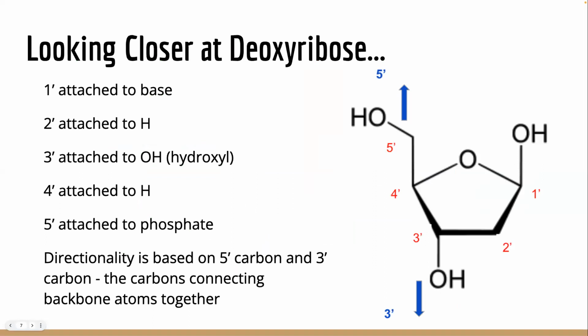And then this is just another enlarged detailed view of deoxyribose. So the 1' carbon is attached to the base. The 2' is attached to a hydrogen, which in RNA would be attached to another OH group. The 3' is attached to the hydroxyl group, 4' hydrogen, and 5' is the phosphate.